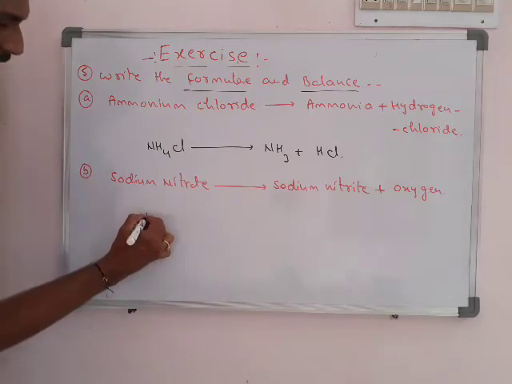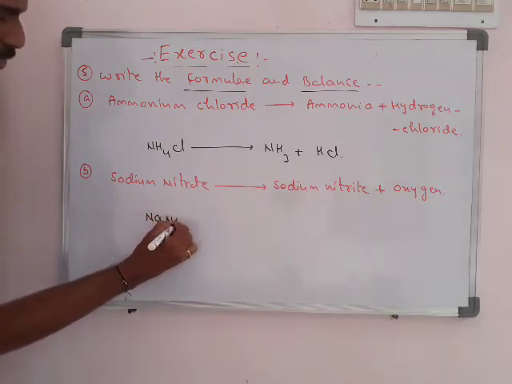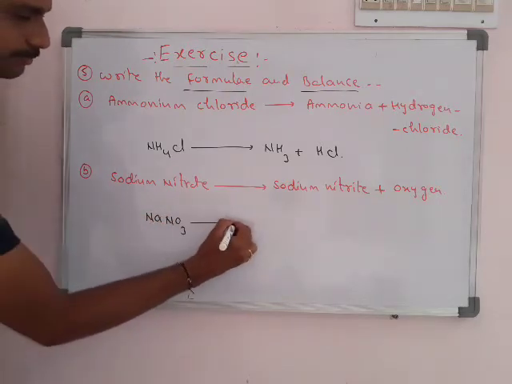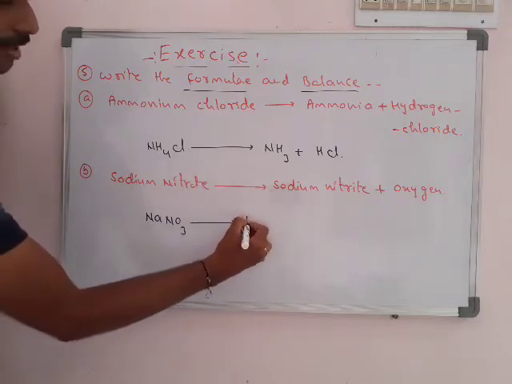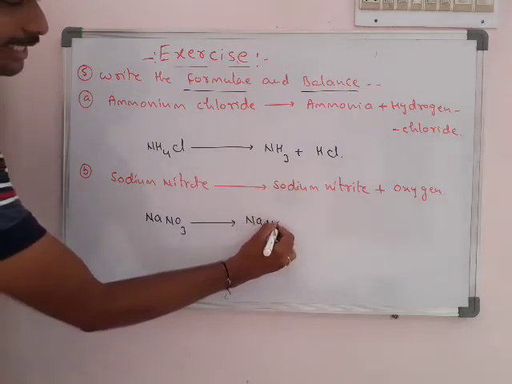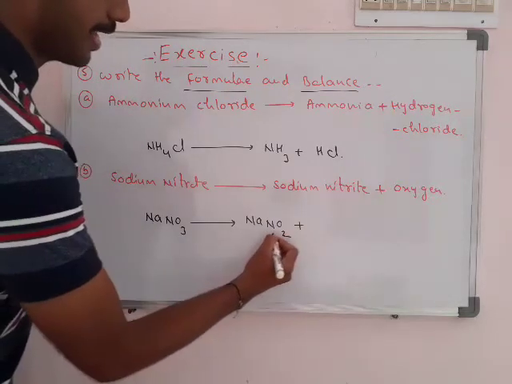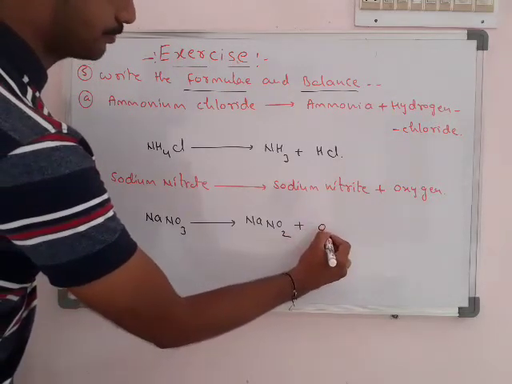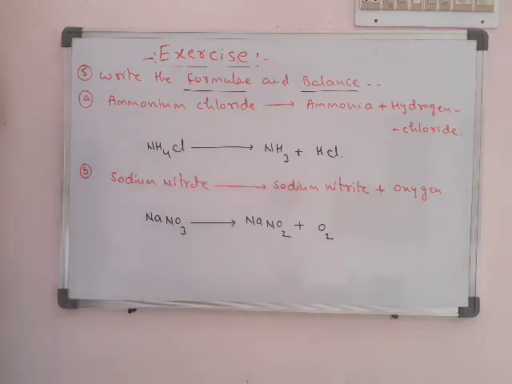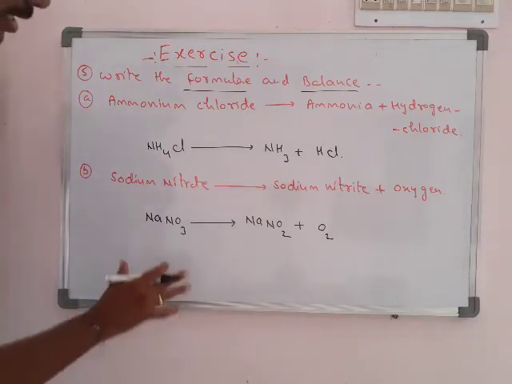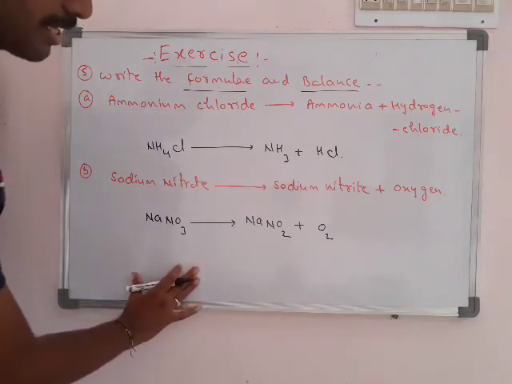Sodium nitrate means NaNO3. Sodium nitrite, that is NaNO2. You must know the ion names. Oxygen means that is simply O2. Don't put the O in the equations. You must write the O2 only.